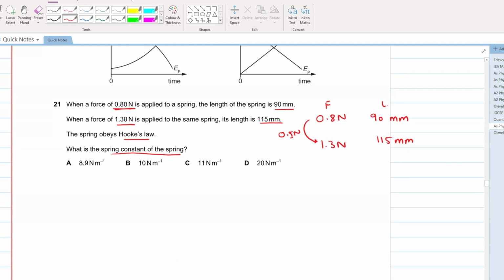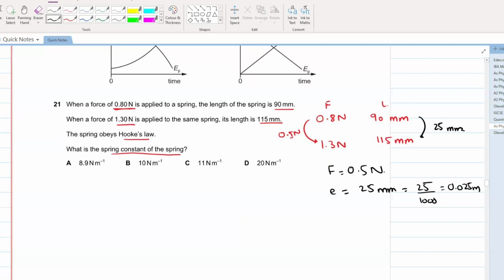How much has the length increased? 25 millimeter. So if you apply a force of 0.5 Newton, your extension comes out to be 25 millimeter. That is 25 divided by 1000, equal to 0.025 meters.